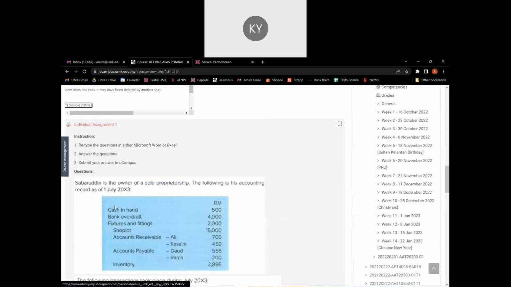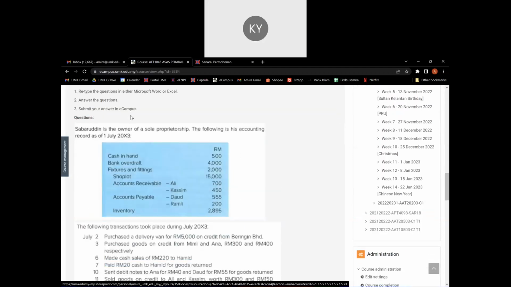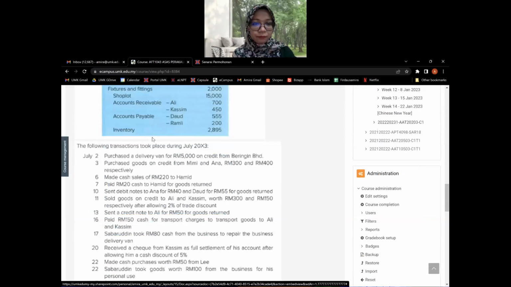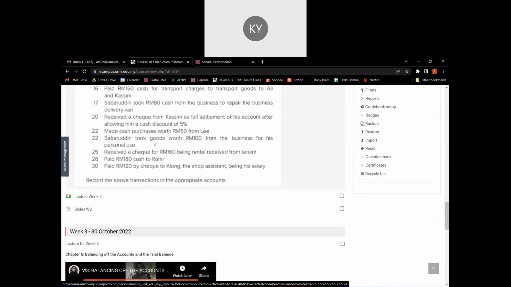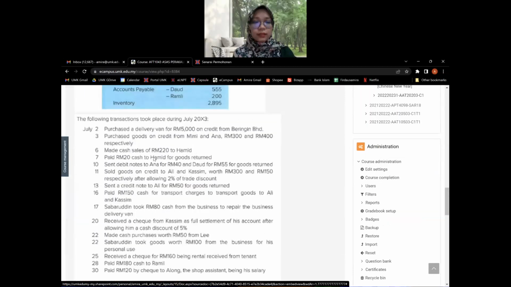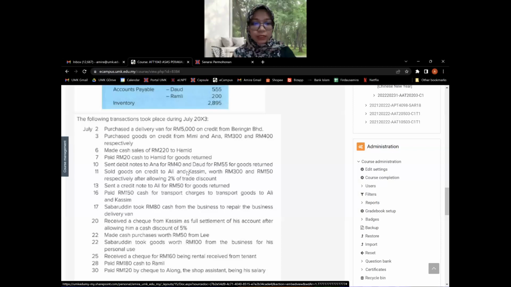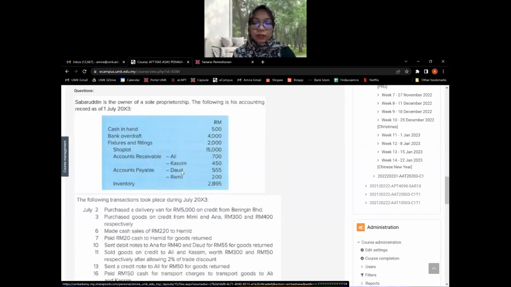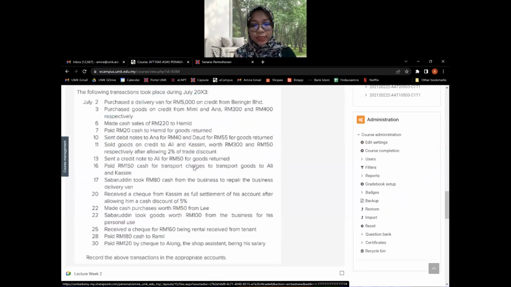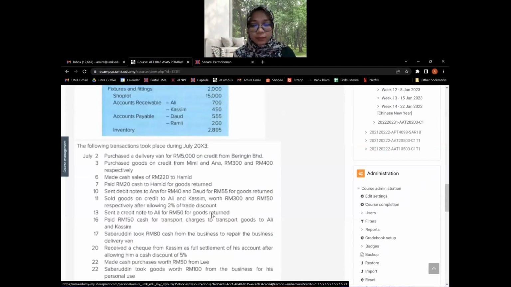Yes, this one. You have to do it into journal and ledger only. But you have to balance out your ledger and have the balance c/d part. But if you are diligent, you can post it in trial balance.